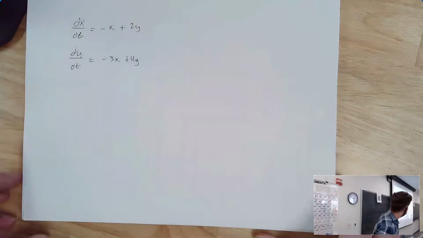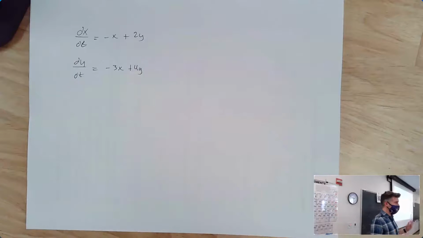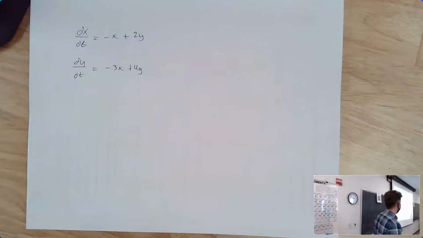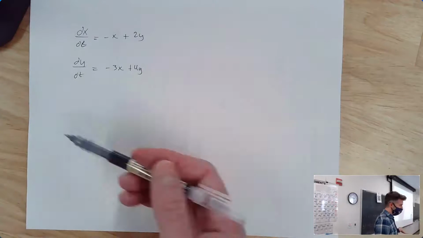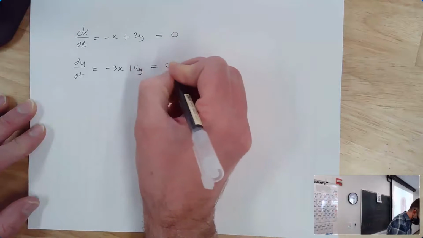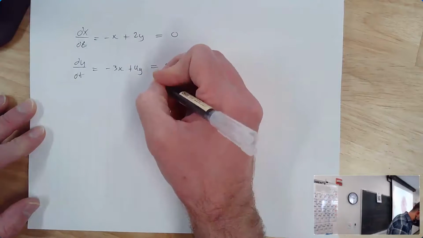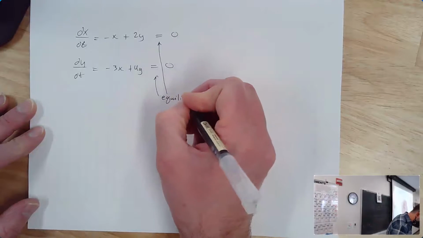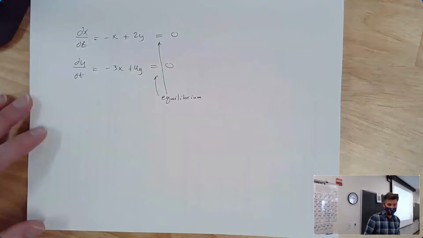well, to be in equilibrium, you have to have no change. So the only way that this type of system of equations has equilibrium is if both of them are equal to 0. I just want to emphasize that again.